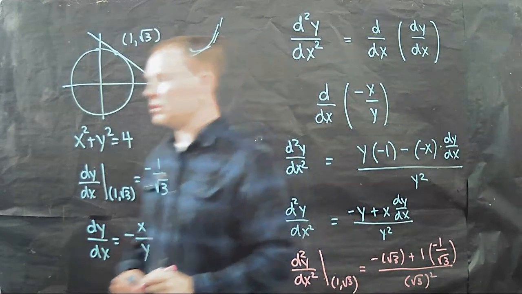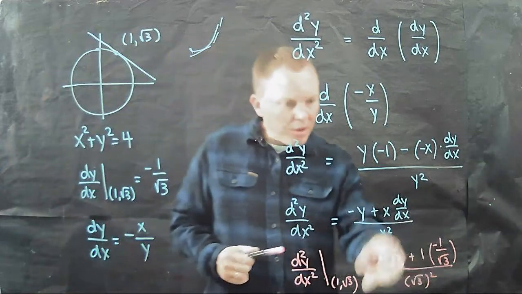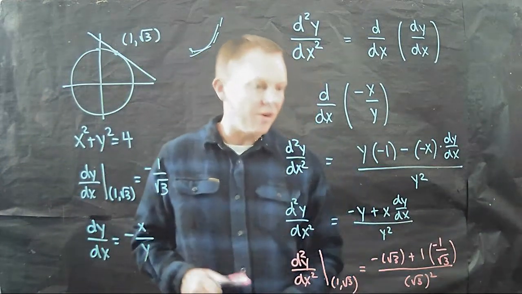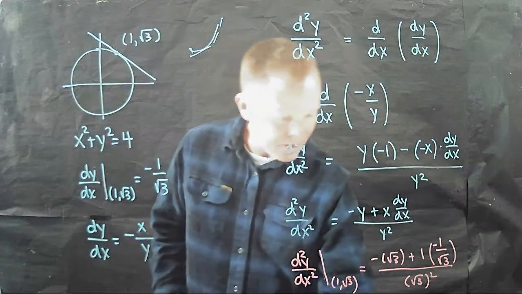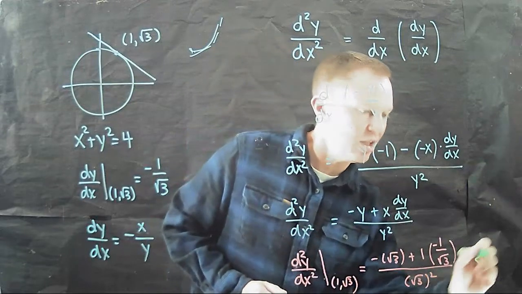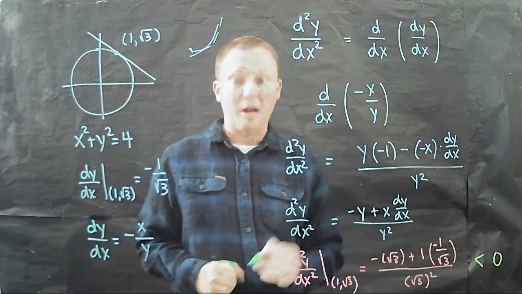And there it is. When I do the math on this, you can probably pretty easily see that this value is less than 0, because you're going to have a negative quantity on the top over a positive.